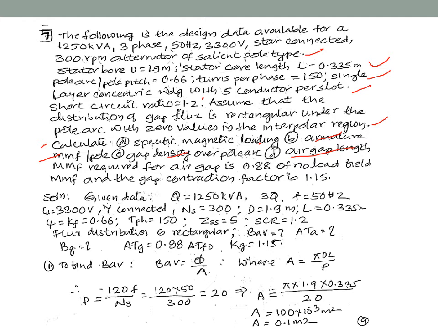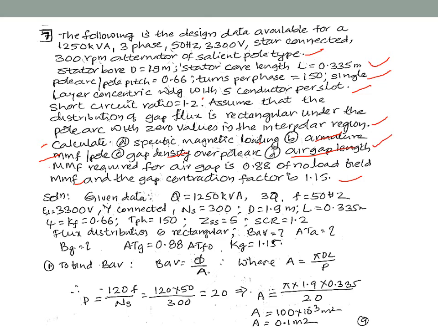MMF required for air gap is 0.88 of no load field MMF, this is given, and gap contraction factor is 1.15. So B average we have to find out, ATA we have to find out, gap density over pole arc we have to find out, and air gap length LG we have to find out.